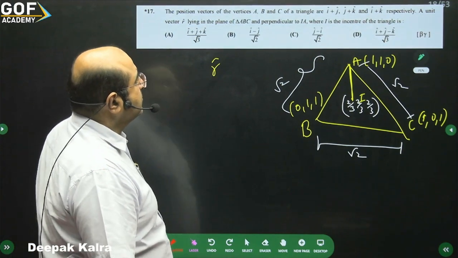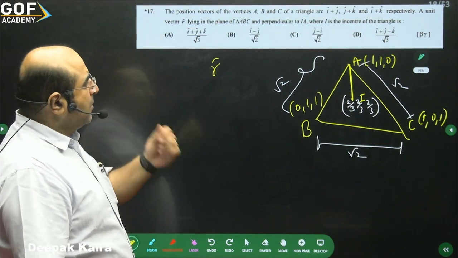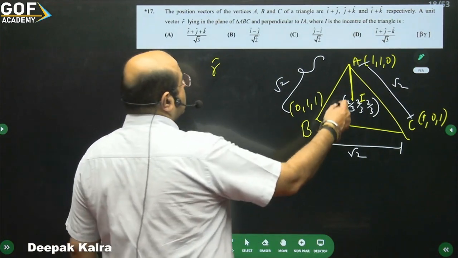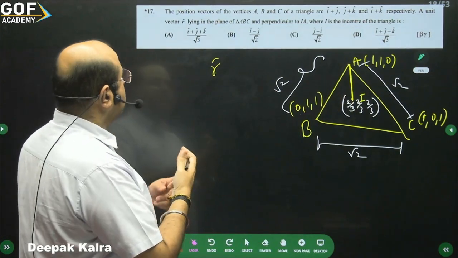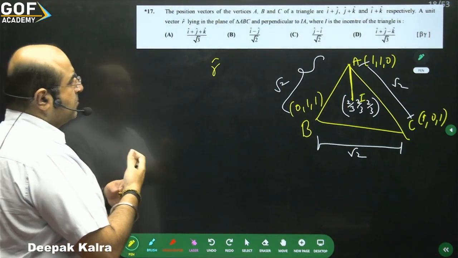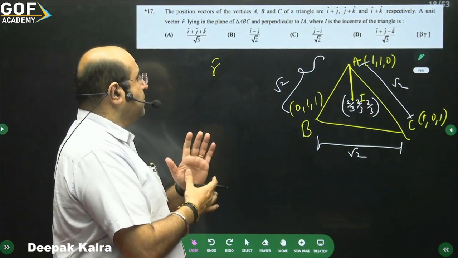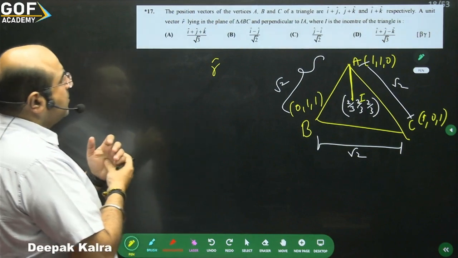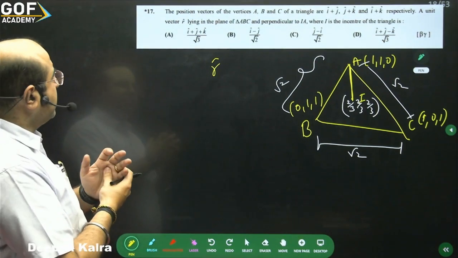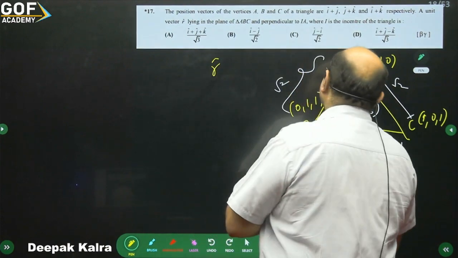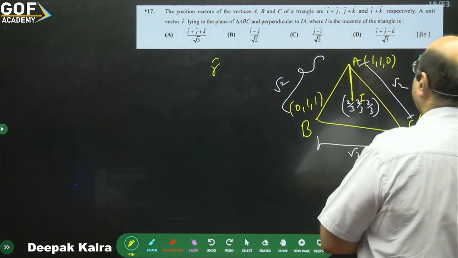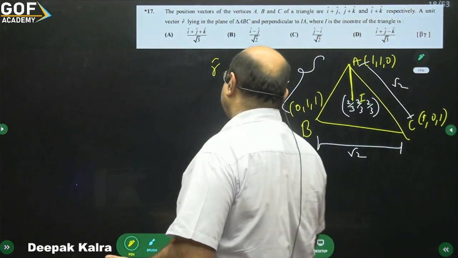Only you have to see that it should lie in the plane of ABC as well. What do you think? Should we calculate the equation of the plane as well, by 3 points? That you can also calculate. That is not a big deal.